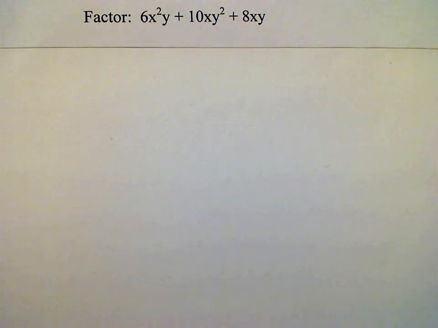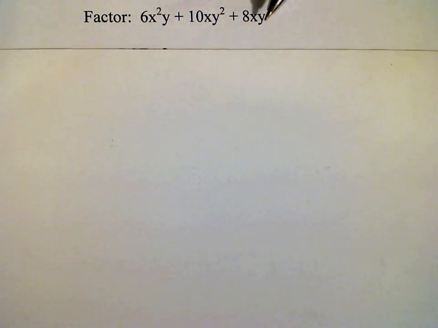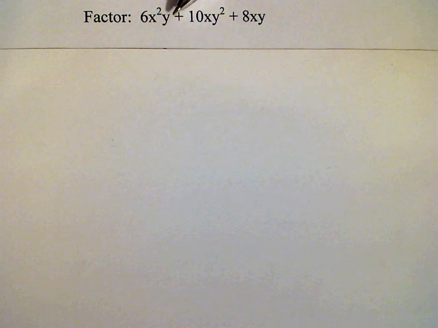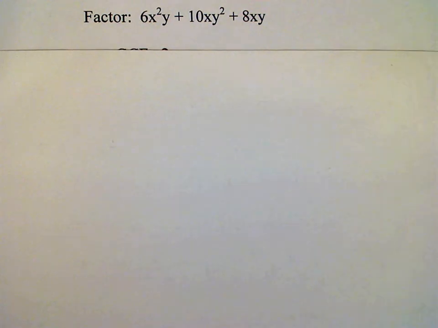Okay, next example, we have 6x squared y plus 10xy squared plus 8xy. In this case, we see that 2 is going to be common. We also have an x that's present in each of the 3 terms, and y. So that means that our greatest common factor in this case is going to be 2xy.